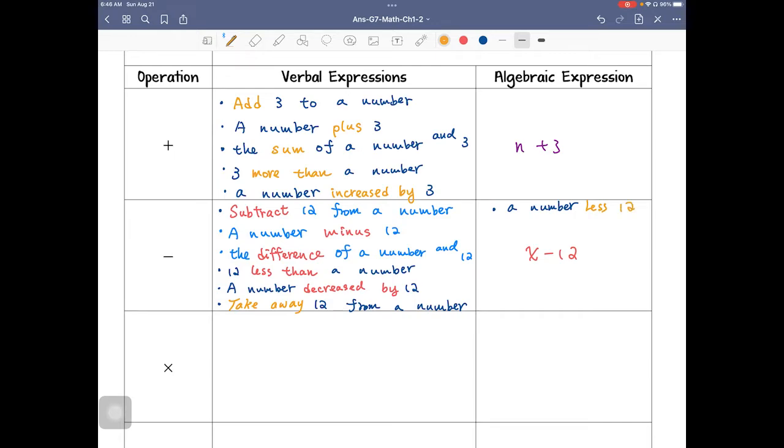So there are multiple ways like subtract, minus, difference, less than, decrease by, take away, less 12.